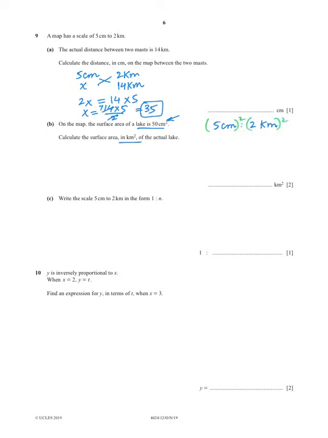So now it will be 25 centimeter square equals 4 kilometer square, and what we are looking for is what 50 centimeter square represents. So you need to do the cross multiplication. That will be 25 times x equals 4 times 50, and x is equal to 4 times 50 divided by 25. 25 times 1, 25 times 2, and 4 twos are 8.